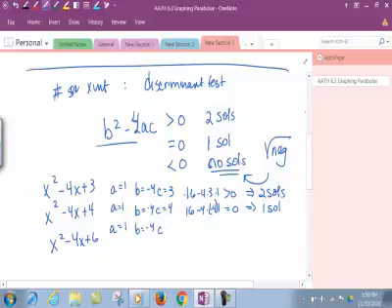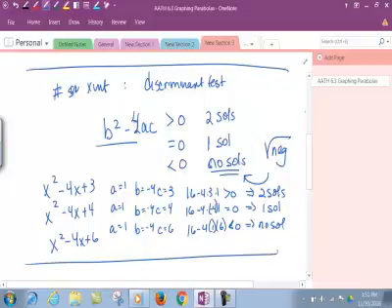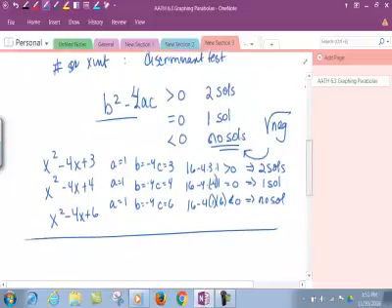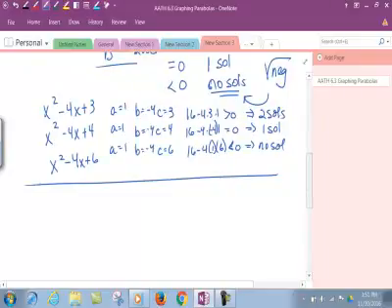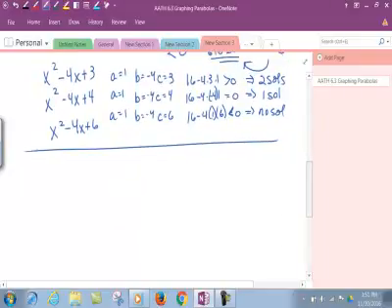And then c turns out to be 6, so this time when we take b squared minus 4 times a times 6, the value, 16 minus 24, is less than 0, so therefore there are no solutions. Okay, so that's the discriminant test. It's a good idea to use it when you're starting to factor a problem and you're not sure if it's factorable or not.